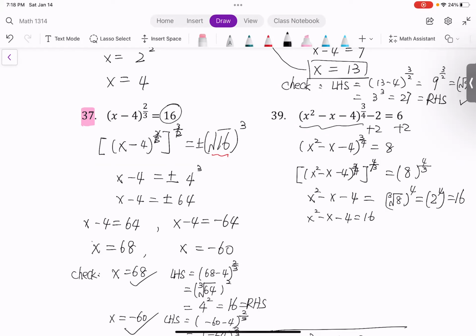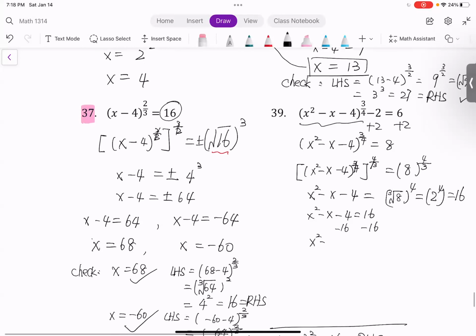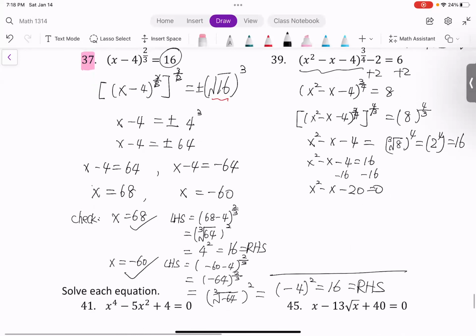When I see this, I feel this is a quadratic equation, or this is a trinomial equation I can solve for. So I must make the right-hand side equal to 0, subtract 16 from both sides, or move the 16 to the other side by changing the sign. X squared minus x minus 20 equals 0. So how to factor this one and solve for x? I can use the A and M method.